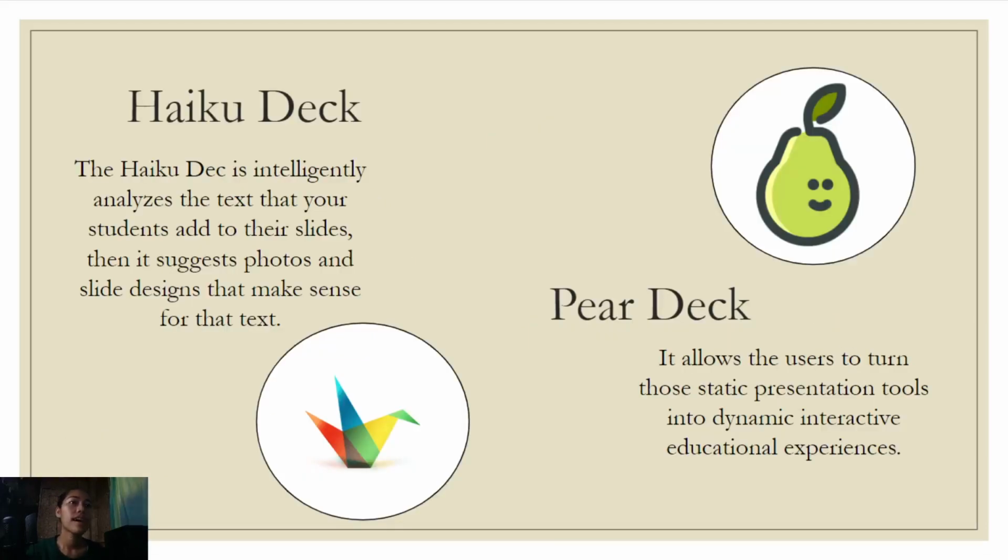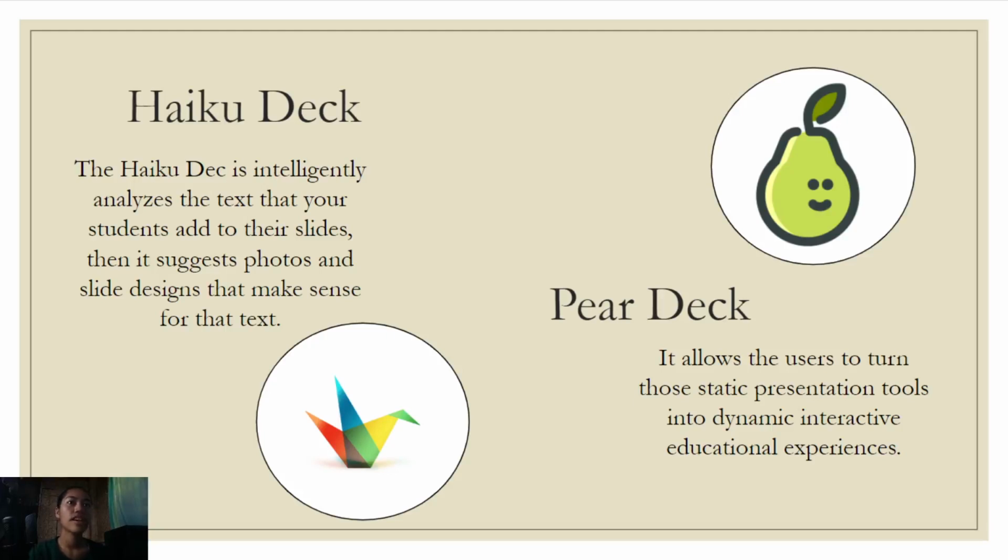Next one is Haiku Deck and Pear Deck. So Haiku Deck intelligently analyzes the text that your students add to the slides, and it suggests photos and slide designs that make sense for that text. While Pear Deck allows users to turn static presentation tools into dynamic, interactive educational experiences.